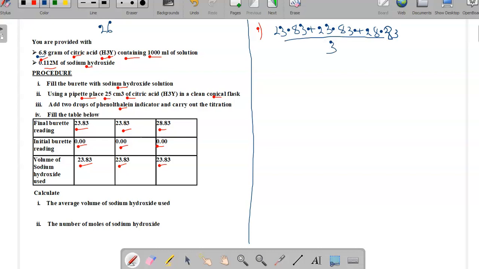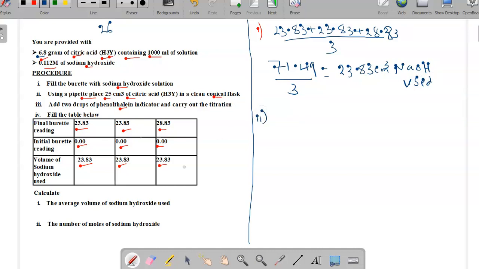When you add all of them you get 71.49. Divide by 3, then you get 23.83 centimeter cubed. This is the volume of sodium hydroxide used. So that's how you get it.